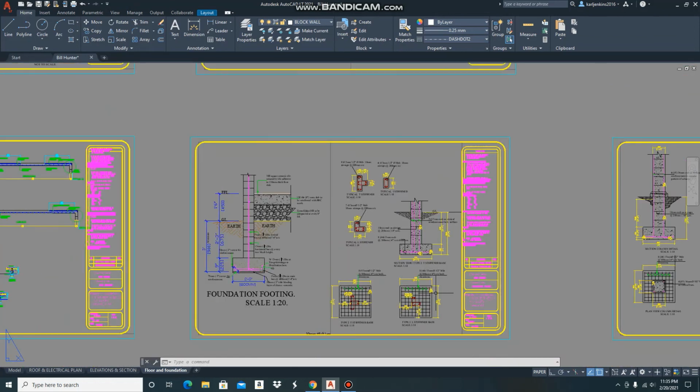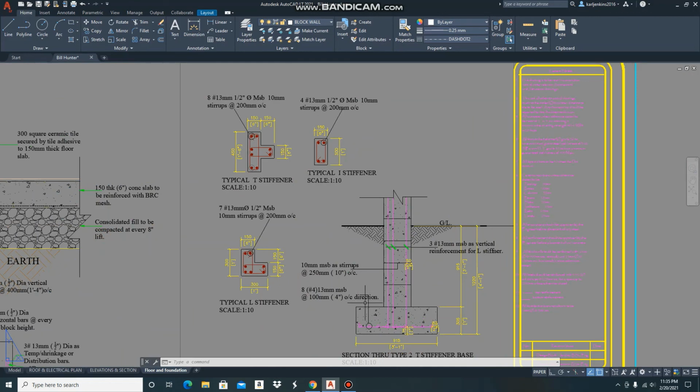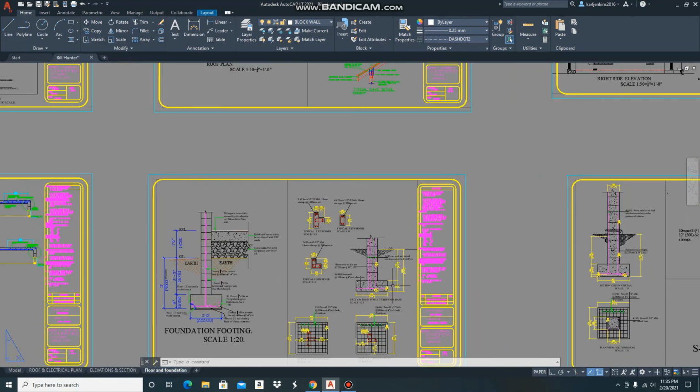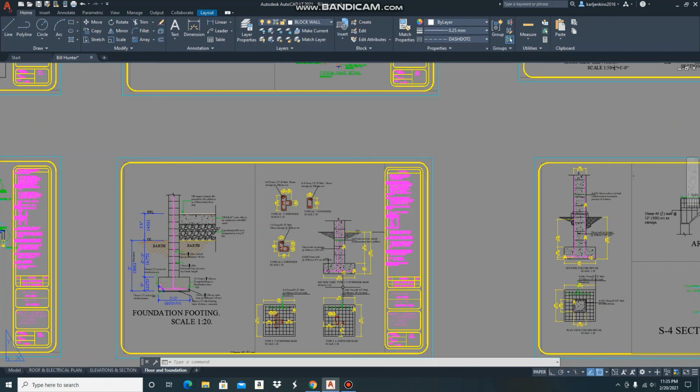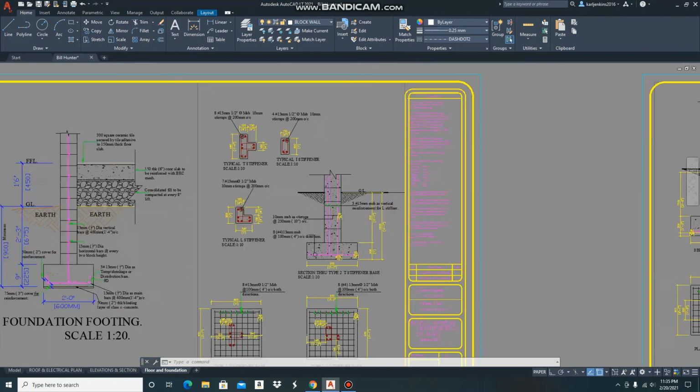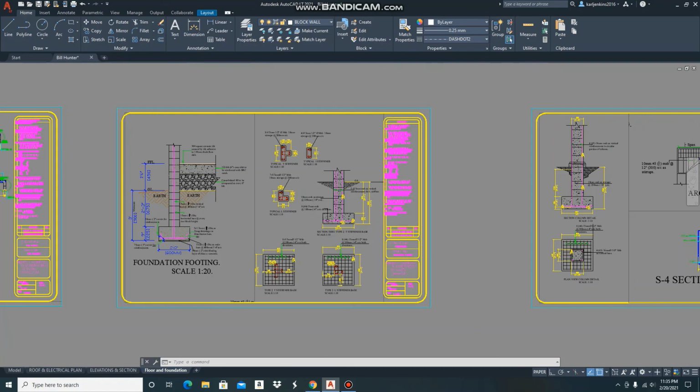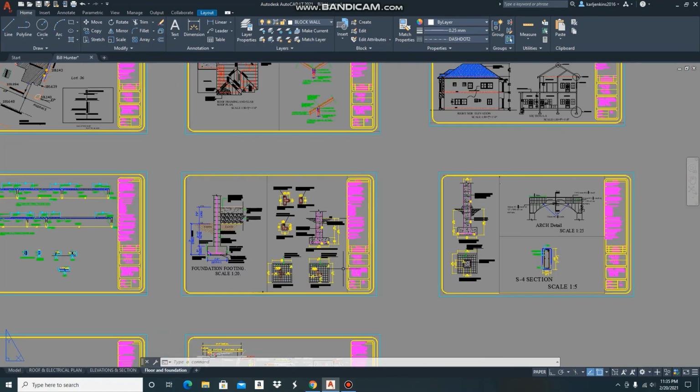And also you can observe your column detail, because your column detail is going to be a part of your foundation detail. So you must look at your column detail in section and look at your column detail in plan. And if you do that, you're in good order to execute a well constructed foundation.